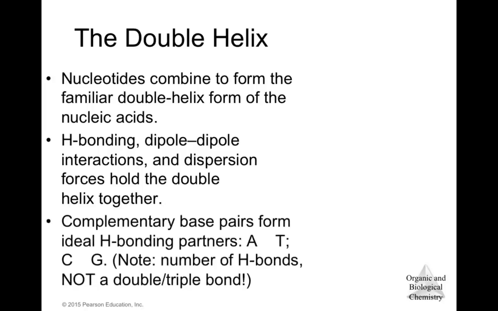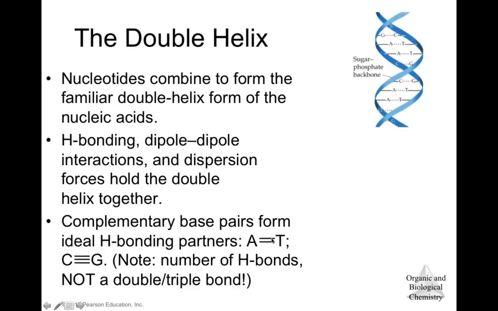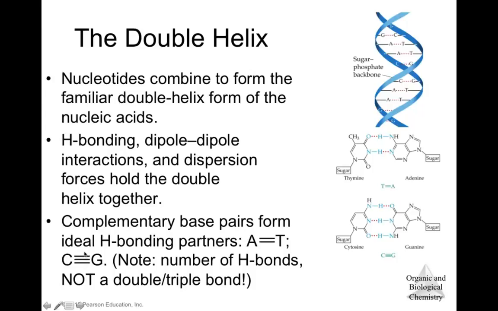So the complementary base pairs form ideal H bonding partners between adenine and thymine. These are basically double bonded, and the triple bond between cytosine and guanine. So here we have basically the DNA, and you can see the G for guanine, C the cytosine, A the adenine, and T the thymine.